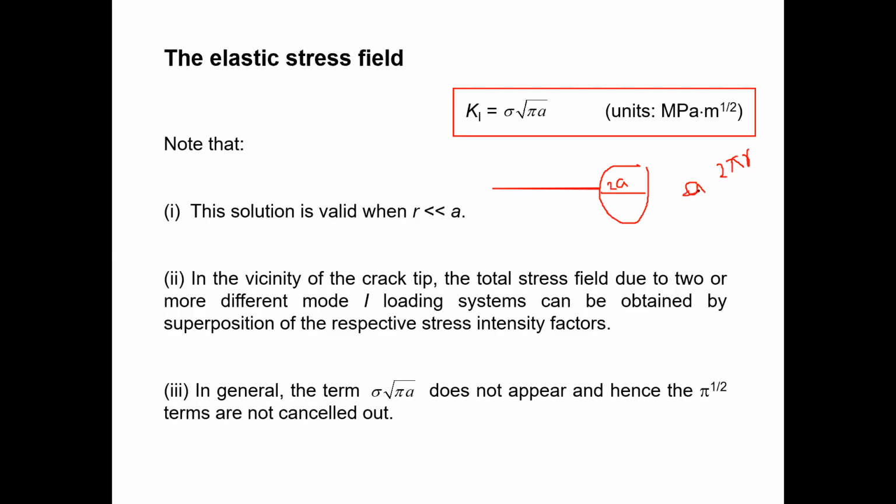Assume this is a, not 2a, then you can easily do it. So a, then r equals a divided by 2, then it is pi a.